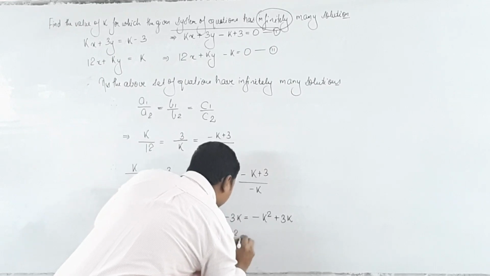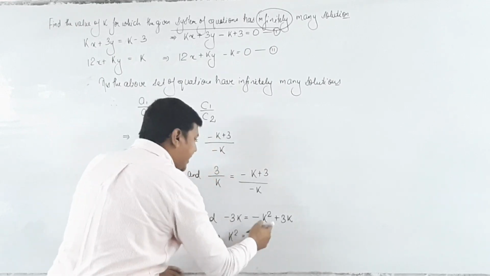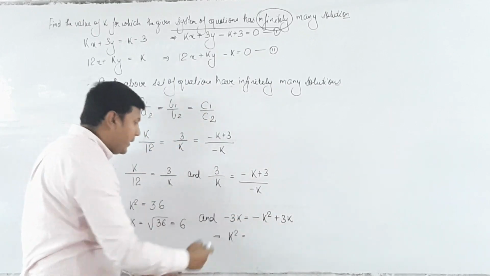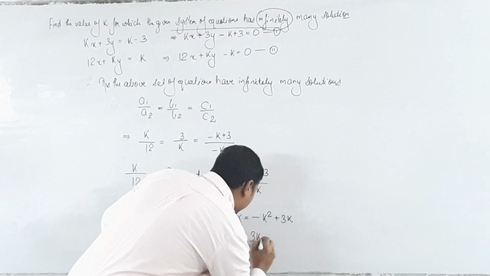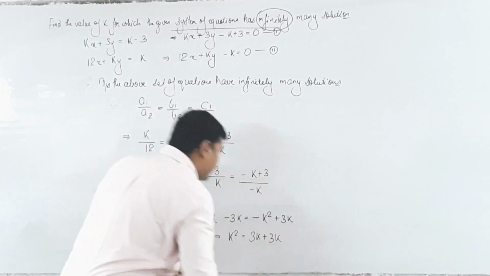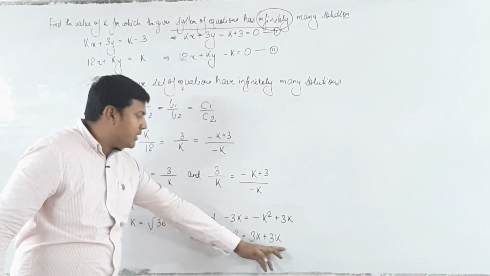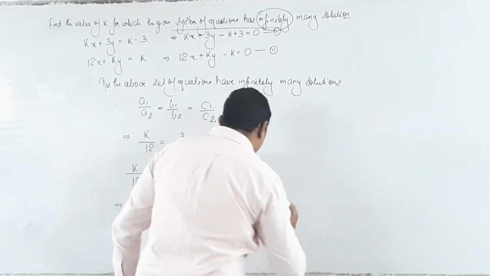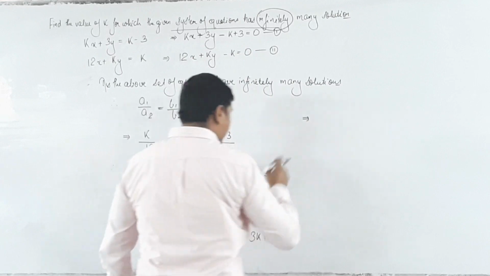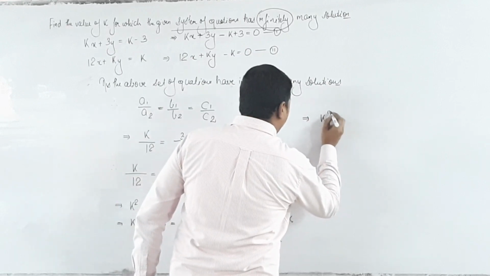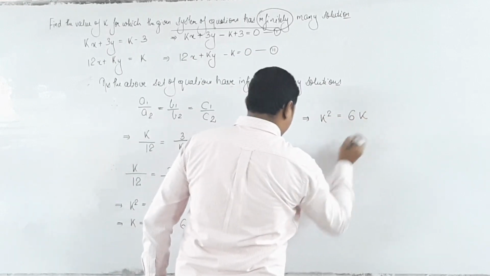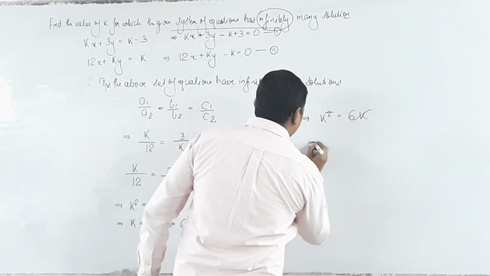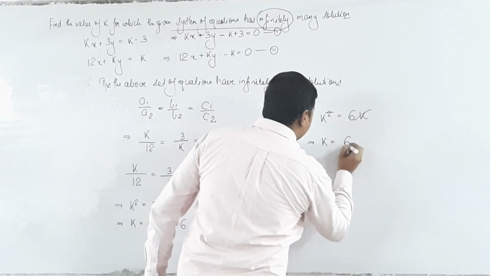So I'm solving this part here. Moving terms across, k square is equal to 6k, k is cancelled, so k is equal to 6.